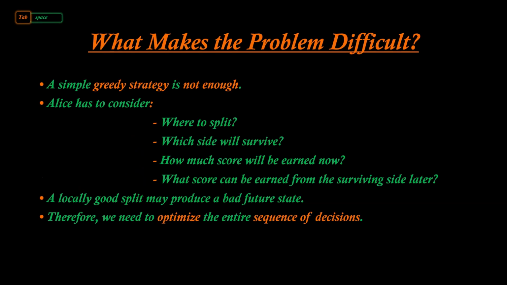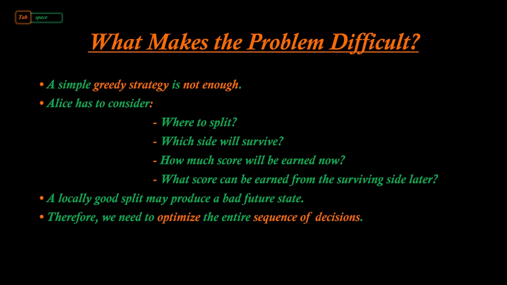A natural first thought might be to use a greedy strategy. For example, perhaps we could always choose the split that gives Alice the largest immediate score. Unfortunately, that does not work reliably. Why? Because the score Alice receives in the current round is only part of the final answer. After receiving that score, Alice gets another opportunity to split the surviving interval.